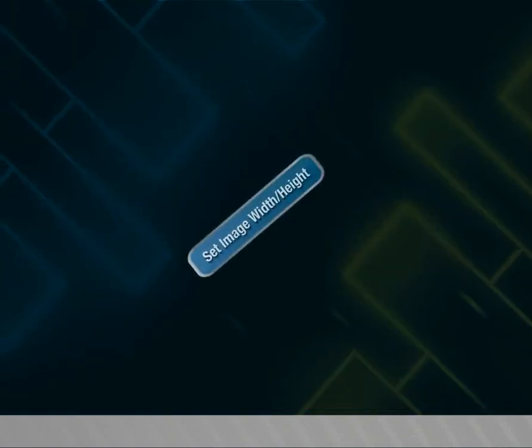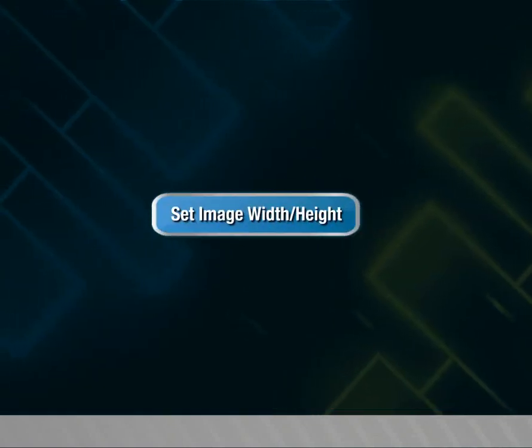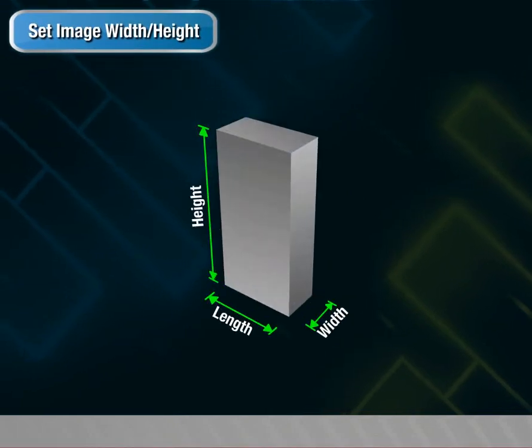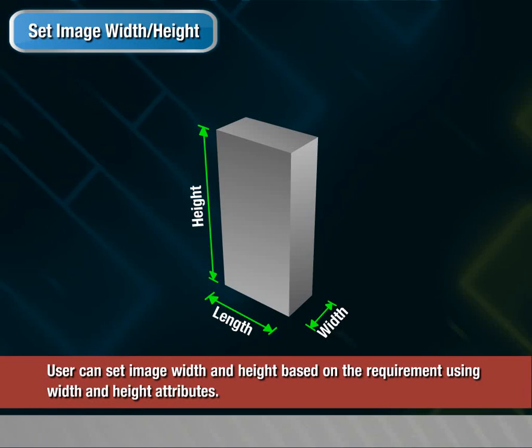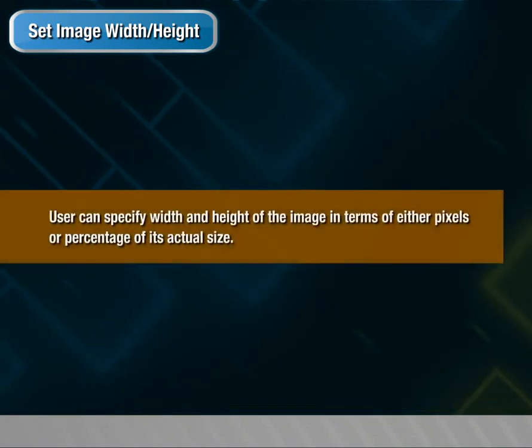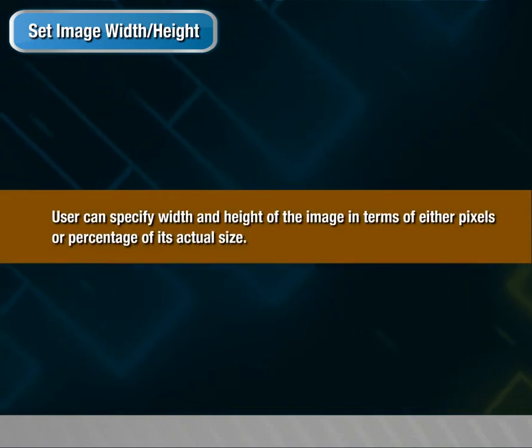Set image width and height. User can set image width and height based on the requirement using width and height attributes. User can specify width and height of the image in terms of either pixels or percentage of its actual size.